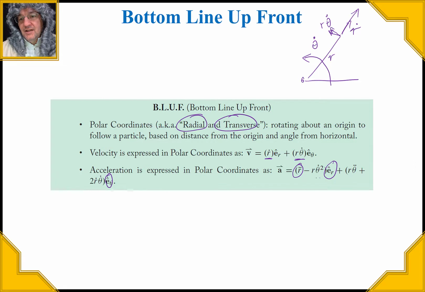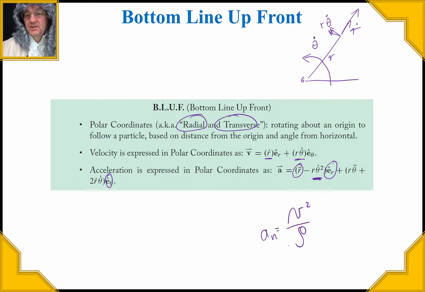And we'll see later, we can prove to you that that's identical to the acceleration we got in the normal direction in path coordinates. Even though we had v squared over rho, the acceleration in the normal direction, we will see that it's actually identical. We've just moved some things around and replaced the velocity.